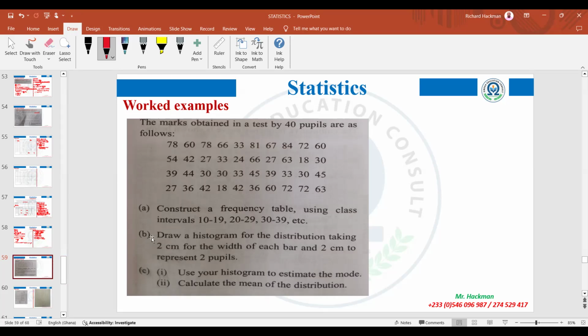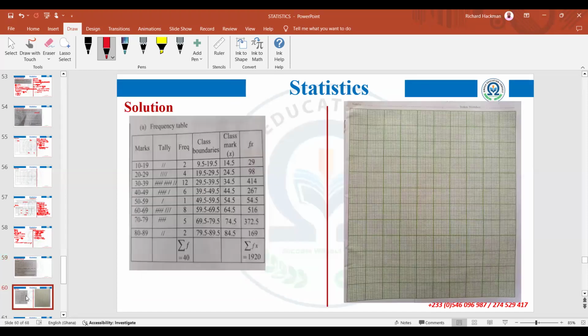The table itself. So you know that here you have raw data and you've been asked to construct a frequency table using these class intervals, 10 to 19, 20 to 29. So when you are constructing your table, you start with 10 to 19.